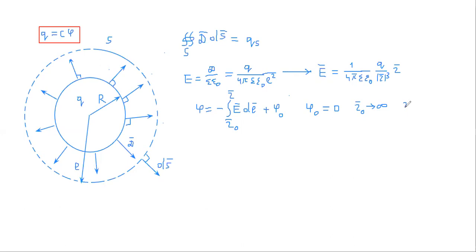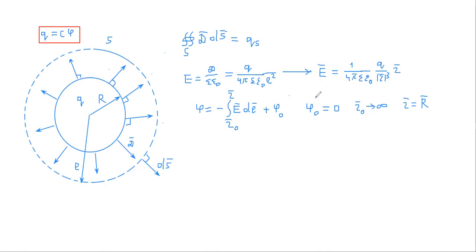And the r vector is the radius vector of some point on the surface of the conductor, on the surface of the ball. So it is equal to the radius of the ball or sphere.